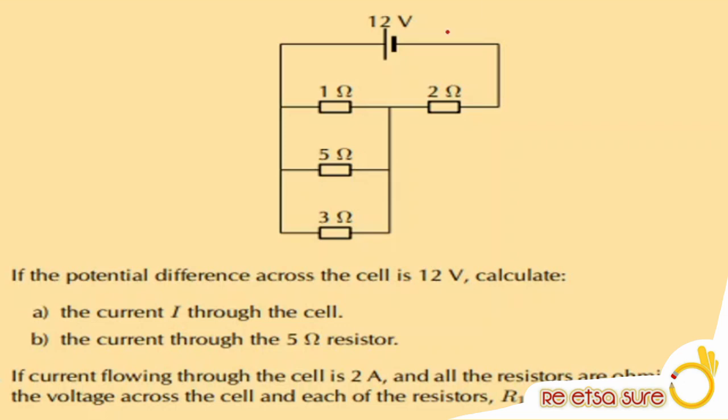Meaning they are saying that we must determine the current that is flowing throughout the main circuit, because the current that is flowing throughout the cell flows as what? As the total. It splits only when it gets to what? To the parallel connection.